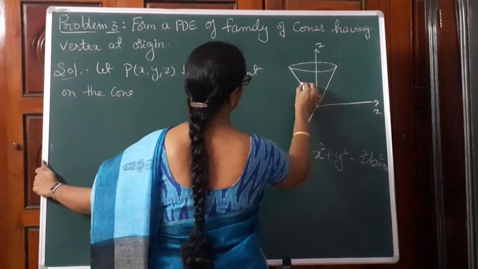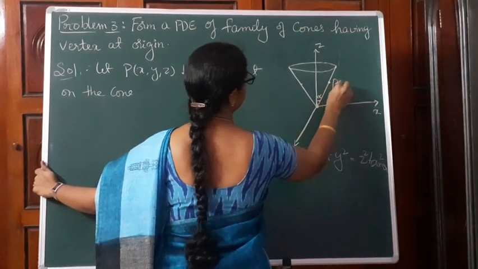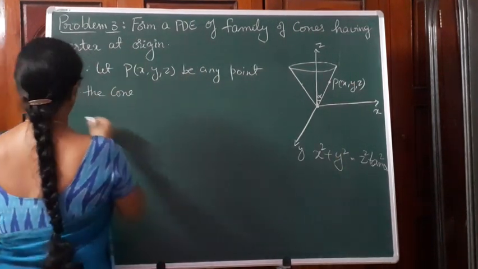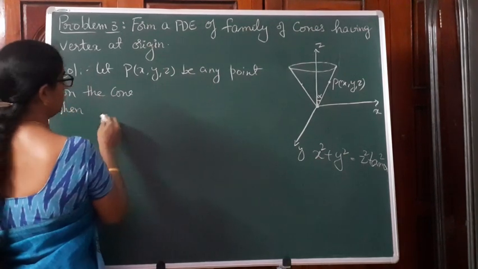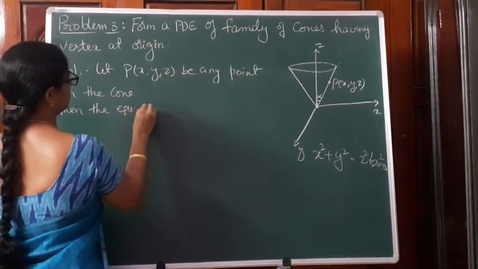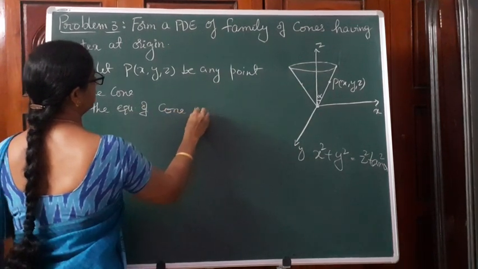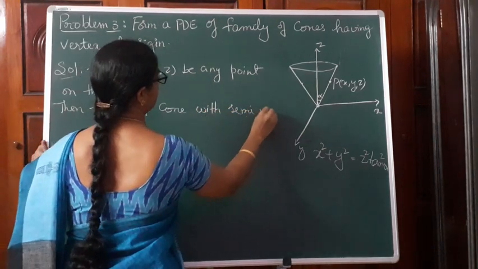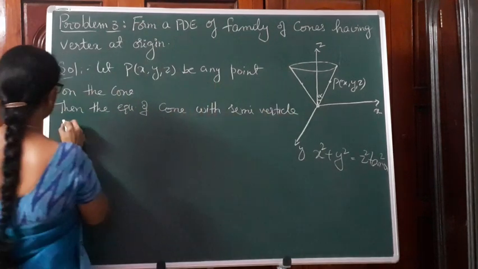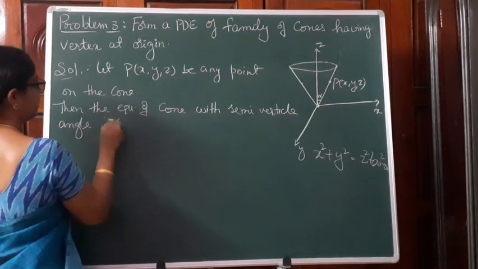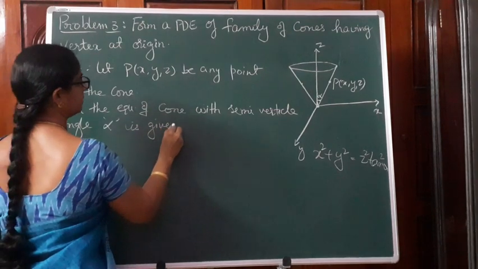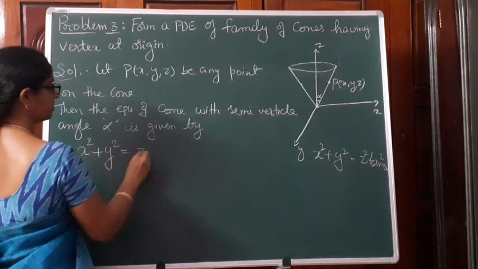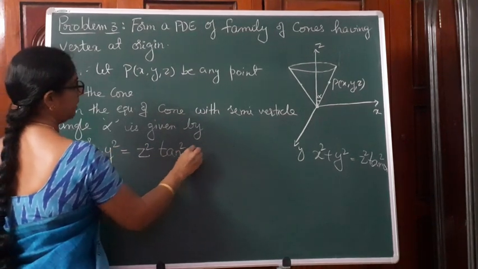Then the equation of the cone with the semi-vertical angle alpha is given by x square plus y square is equal to z square tan square alpha.